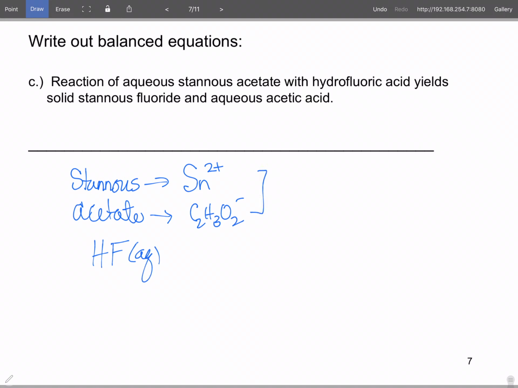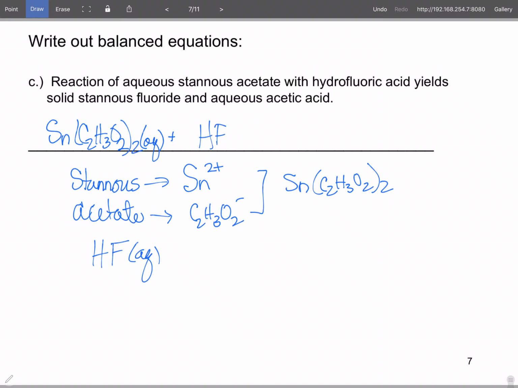So when we combine these, we're going to need 2 acetates, so that's Sn(C2H3O2)2. And because it's polyatomic, it goes in parentheses. So that's our reactant, so we'll go ahead and write that in. Sn(C2H3O2)2, and that was aqueous, plus HF.